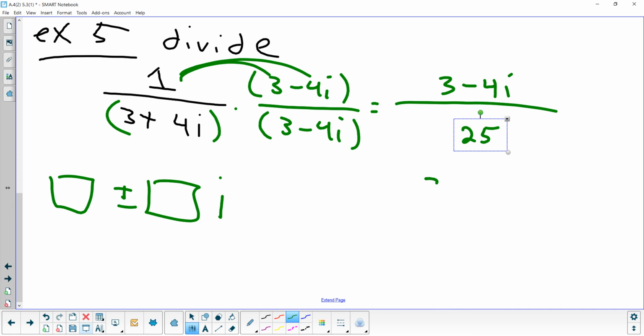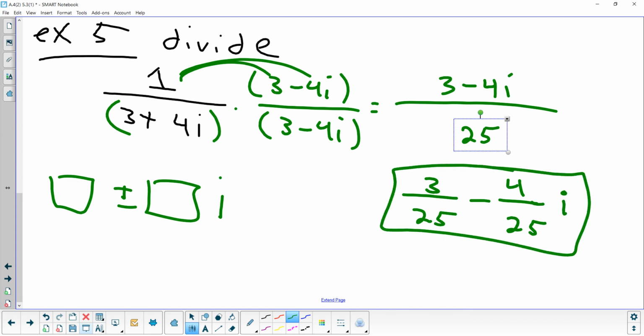So the real part is 3 over 25, and the imaginary part is a negative 4 over 25, and they usually put the i right next to it, just like that. So 3/25 minus 4/25 i, and that's what I mean about your answer could have a decimal in it. But I am not going to find the decimal. I'm going to leave it as a fraction, and I'm going to do that on the test as well.